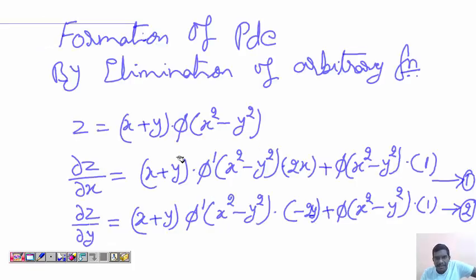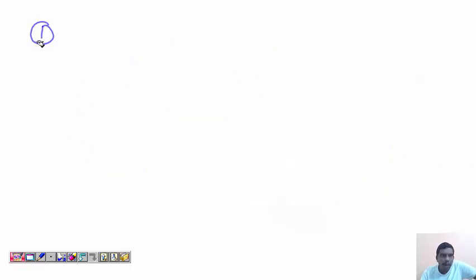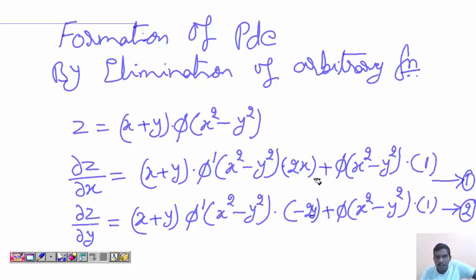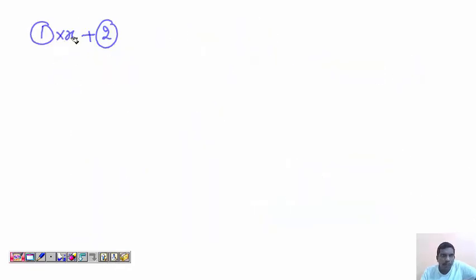Multiply the equation 1 with y and equation 2 with x, so that this gets cancelled. That is, 1 into y and 2 into x.